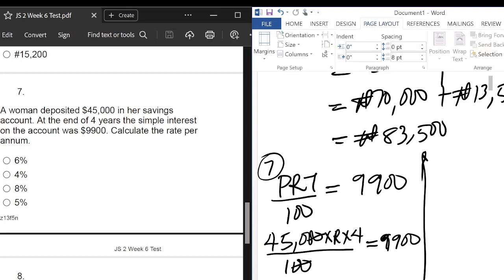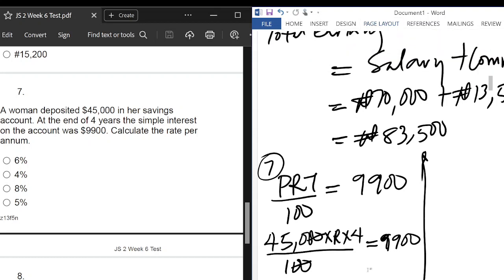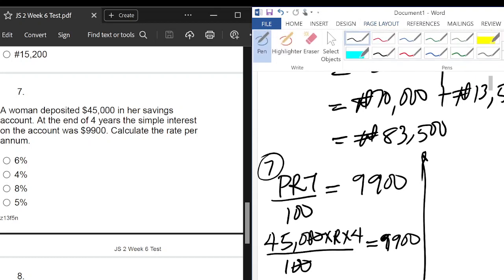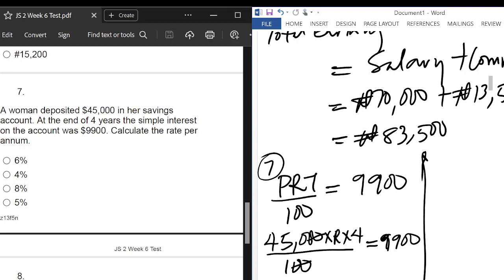Which means we're going to have 450 multiplied by 4. So that gives 1,800. 1,800 R equals 9,900. So it is R we are looking for.